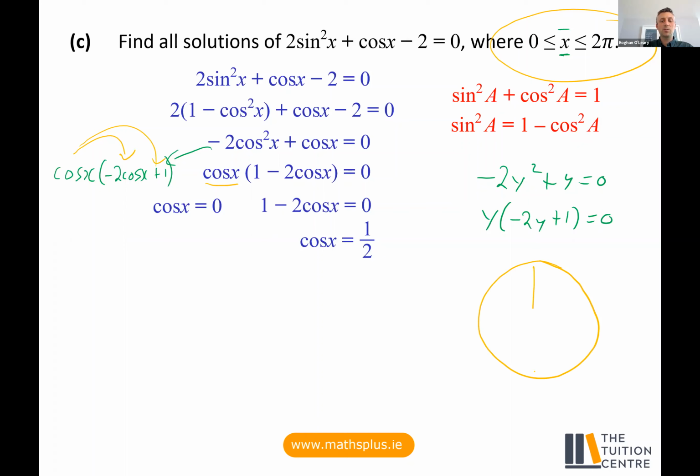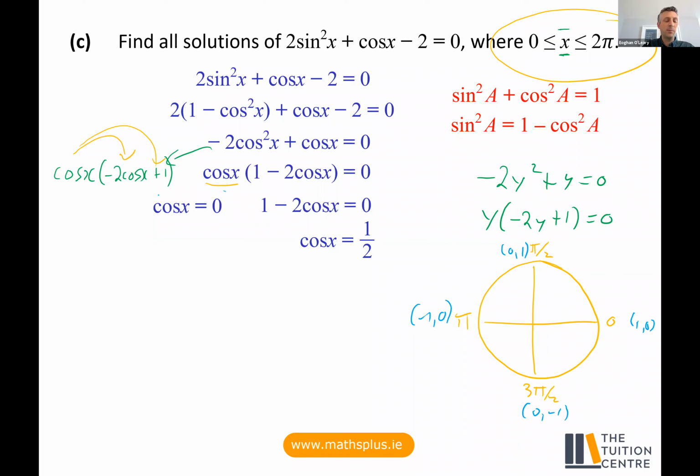I'll just draw my unit circle here for a moment. 0, 90, which is your pi over 2, your pi, your 3 pi over 2. So those are your radians, your angle of rotation from the origin. I know that this point here is 1, 0. I know that this guy is 0, 1, minus 1, 0, 0, minus 1.